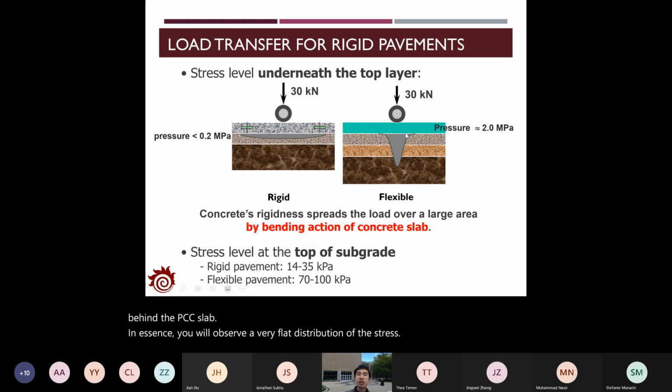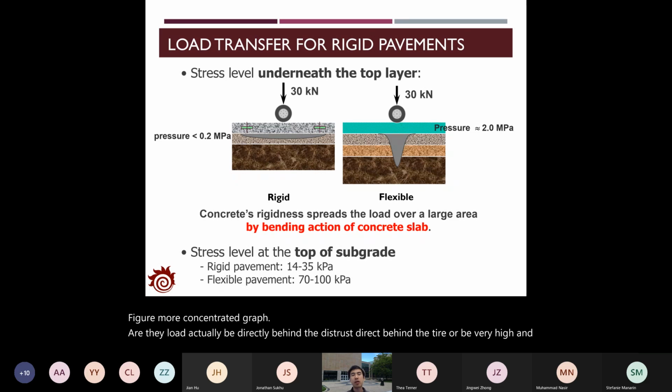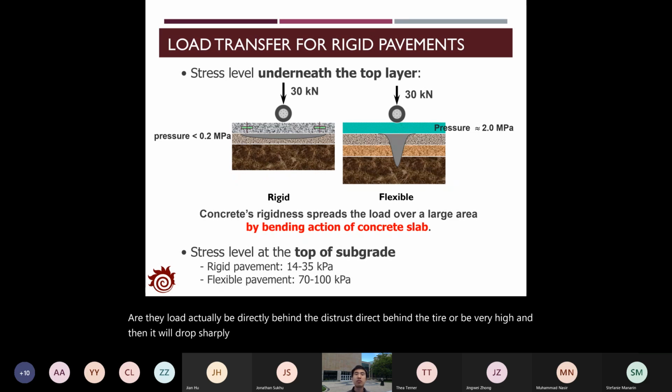While for the flexible pavement, we do not have this slab action. Instead, the load will be distributed with a more concentrated graph. The load directly behind the tire will be very high, and then it will drop sharply around the center of the loading area.